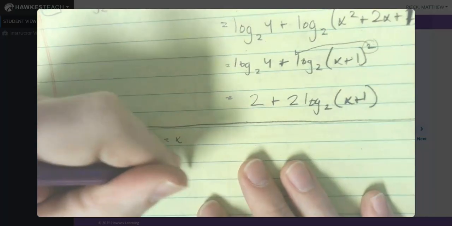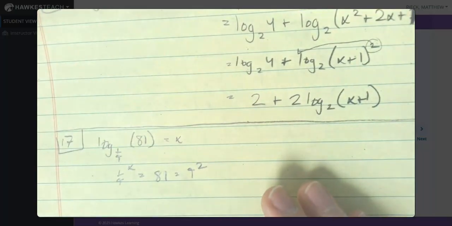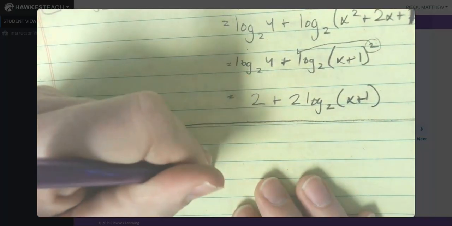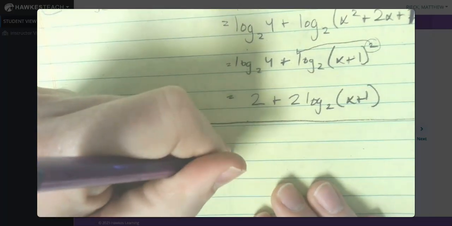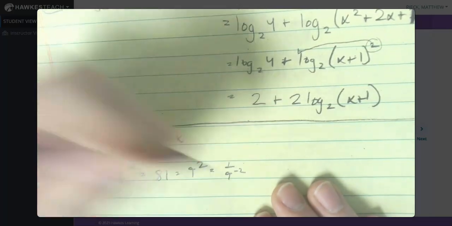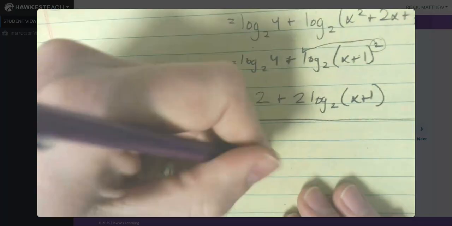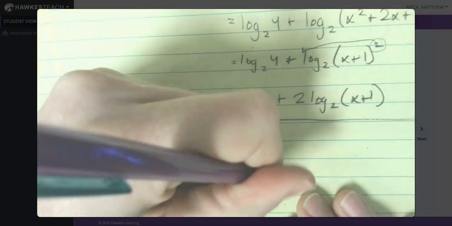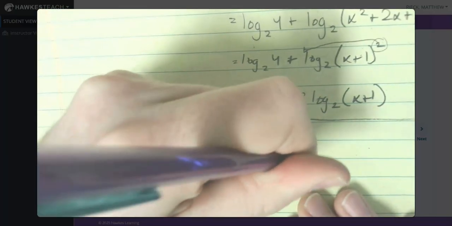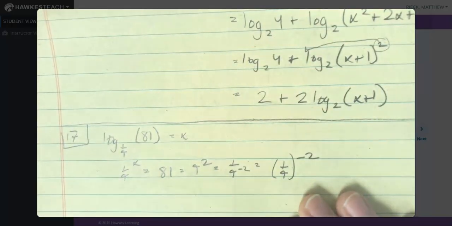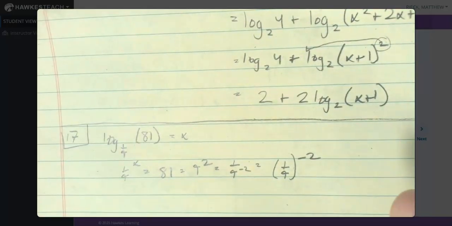So 81 equals 9 squared, right? So that would be 1 over 9 to the negative 2, which is equal to 1/9 to the negative 2. So x should equal negative 2.